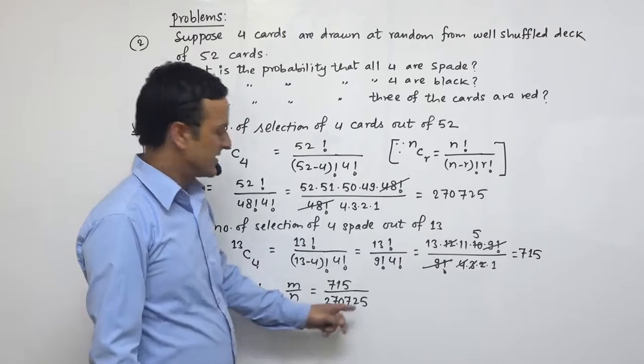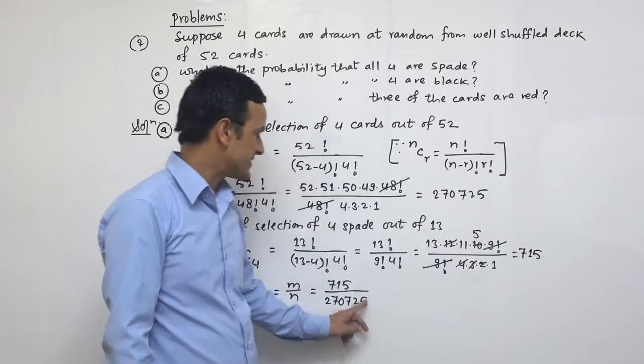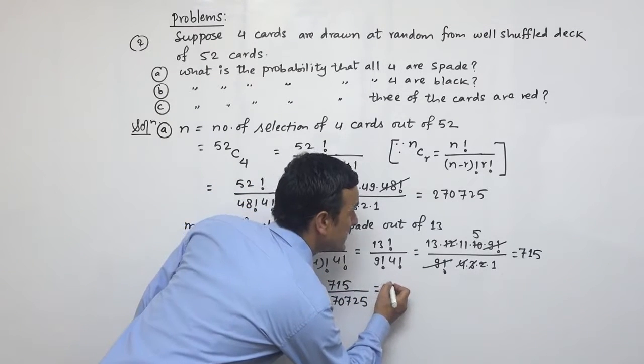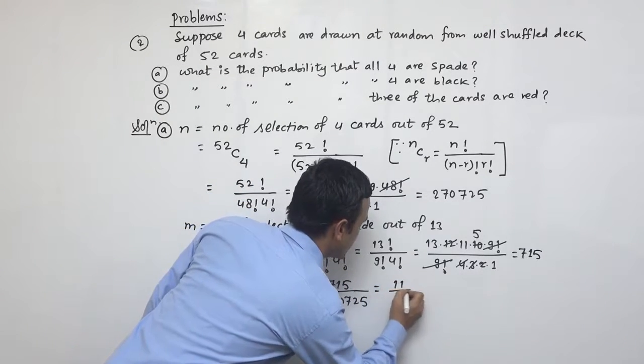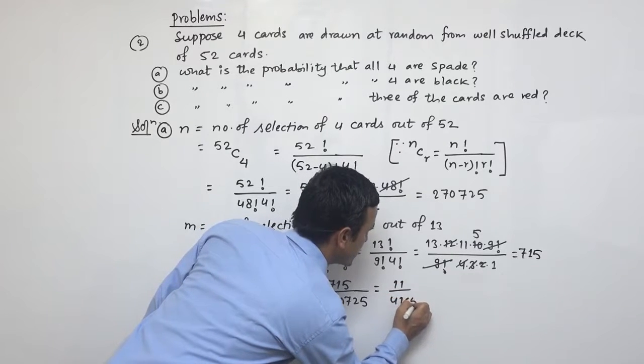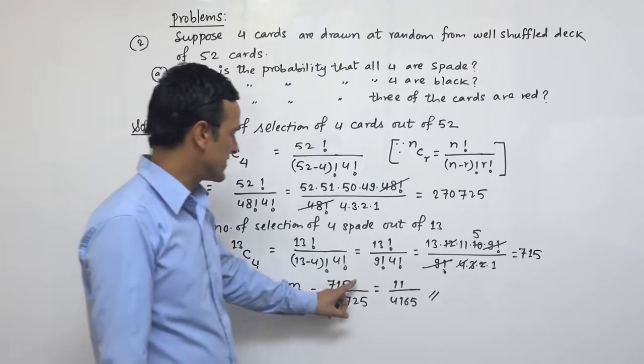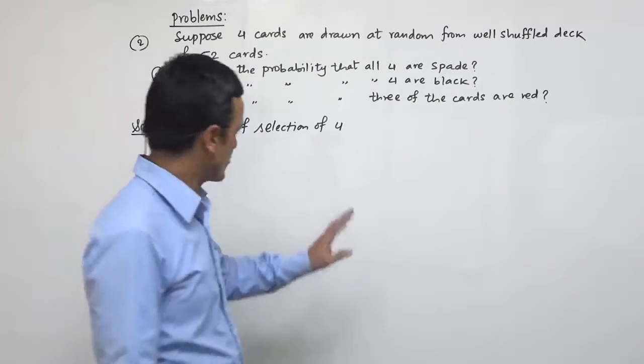Now we can cancel in numerator and denominator by the same number. Same number cancel garda we get 11 upon 4165. So this is the final answer after cancelling these both numbers by 5.